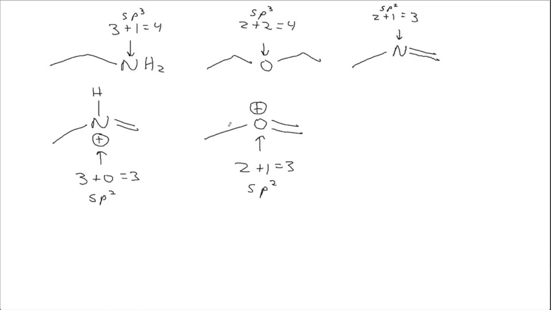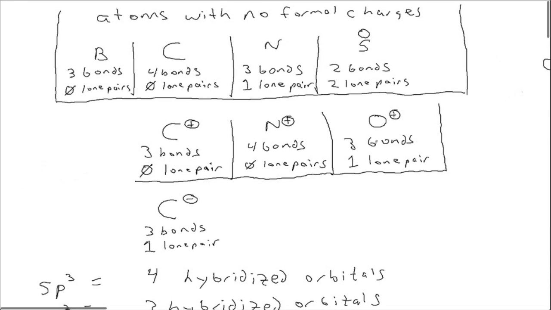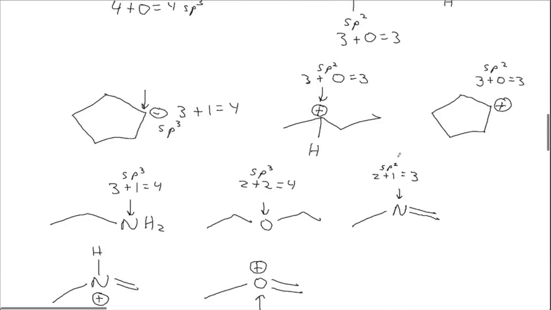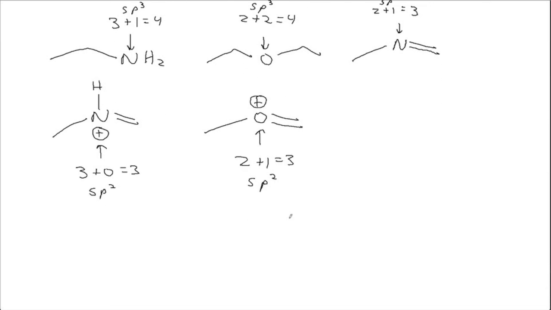That's right. So an oxygen with a positive charge has 3 bonds and 1 lone pair. We're already showing the 3 bonds, and then there's the 1 lone pair. So that would be sp2. Excellent.